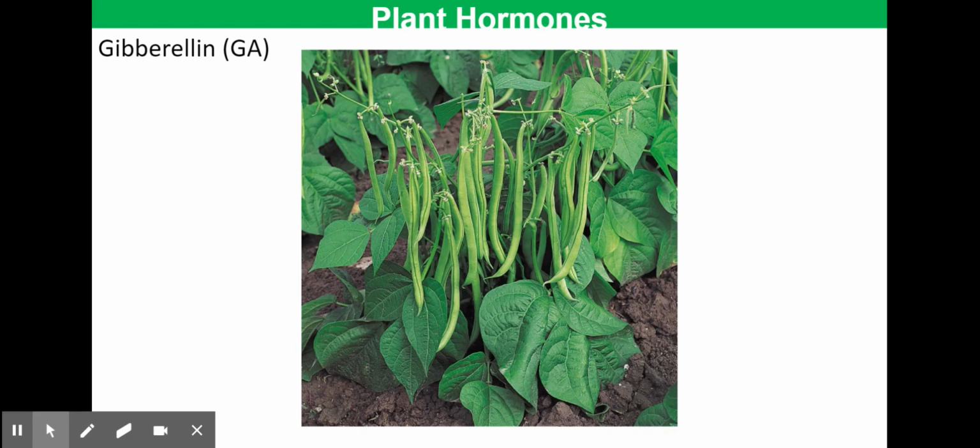If you have a low concentration of gibberellin and you apply that to the stems of dwarf beans, the beans will begin to grow rapidly to the height of a non-dwarf variety. And these kind of experiments just show how gibberellin works and how it can cause that rapid growth of stems.